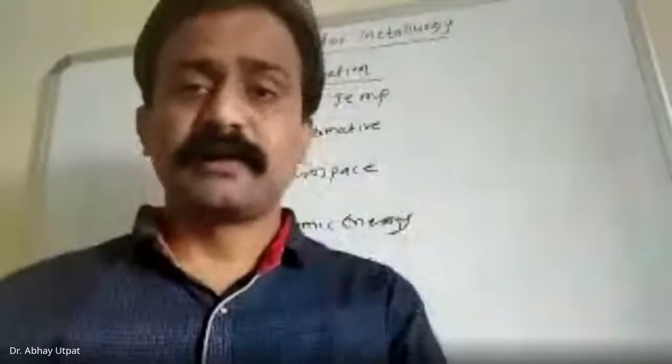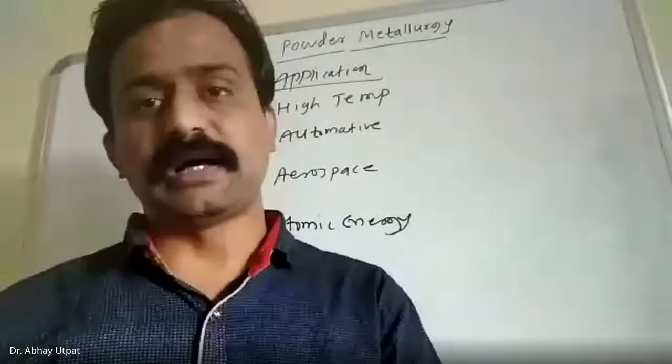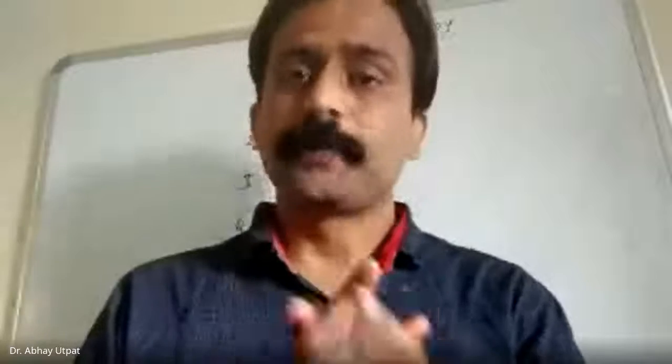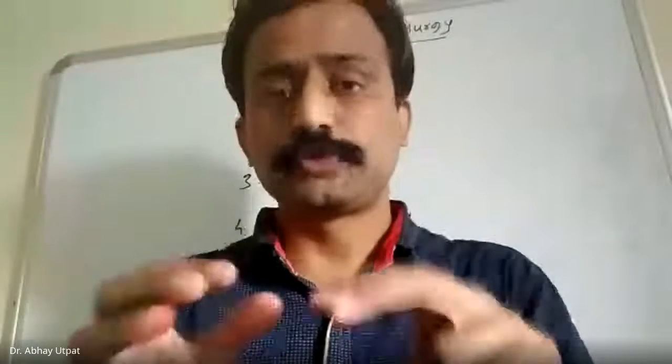Instead of that, metal powders are made available, and with the help of metal powders, the components, anodes, X-ray tubes and other parts of X-ray tubes are produced. So wherever you find high temperature application, the products are manufactured from metals such as tungsten, tantalum, molybdenum.